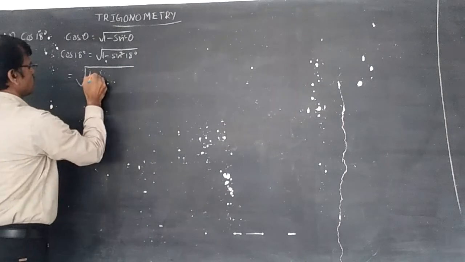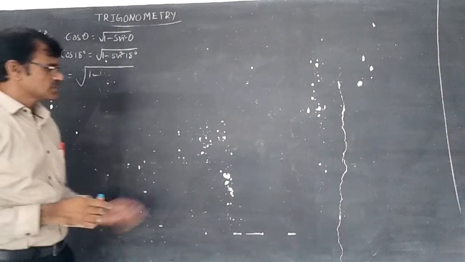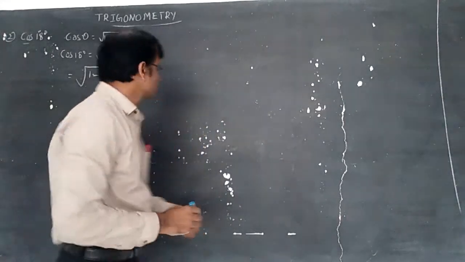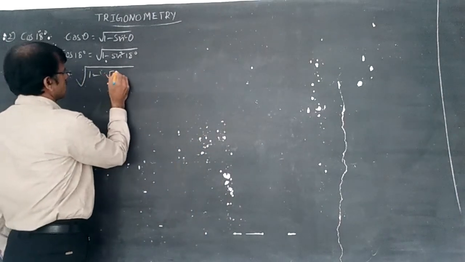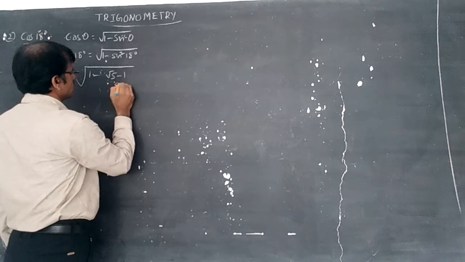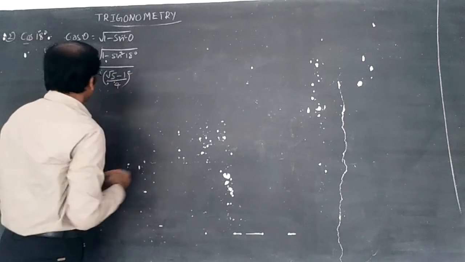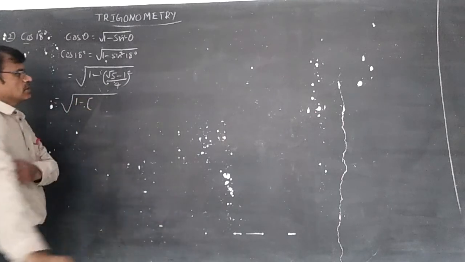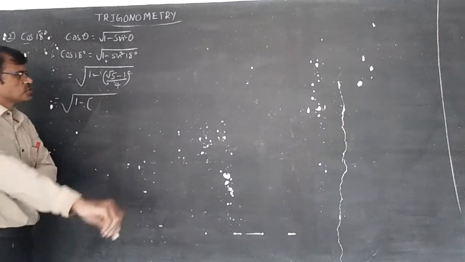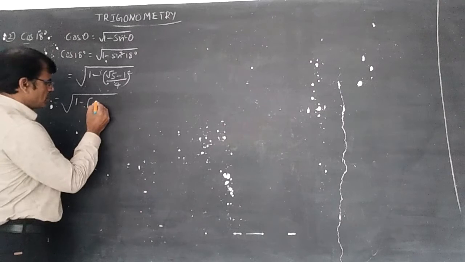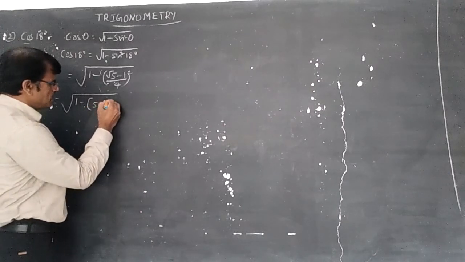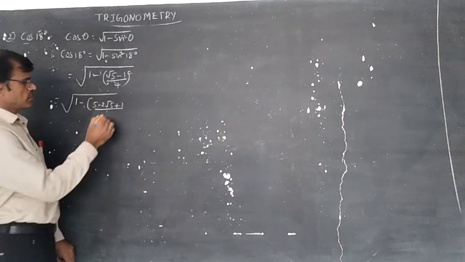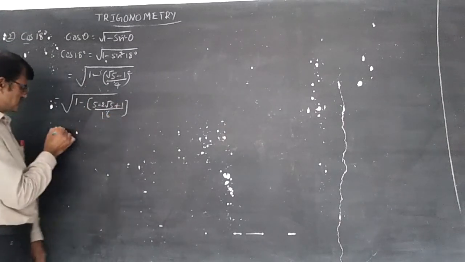That is equal to square root of 1 minus, now we proved sin 18 value is root 5 minus 1 by 4, whole square. That is equal to root of 1 minus. The value of a minus b whole square is a square minus 2ab plus b square. So 5 minus 2 root 5 plus 1 whole by 16.